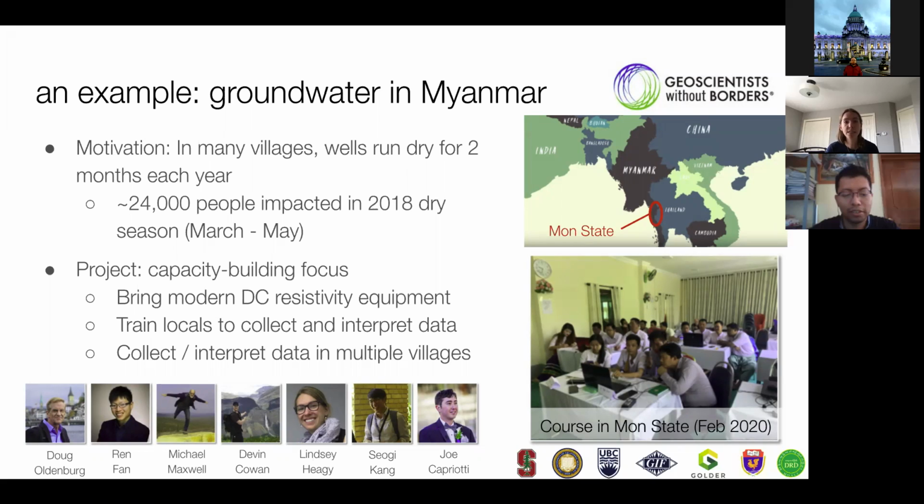Every year there's a dry season in Myanmar, and in some regions, in particular the state we're looking in, Mon State, there's a number of villages where the shallow aquifers that they rely on to get water dry up. And so there's interest in trying to find deeper aquifers that they can access that will be more reliable and will still have water even in that dry season.